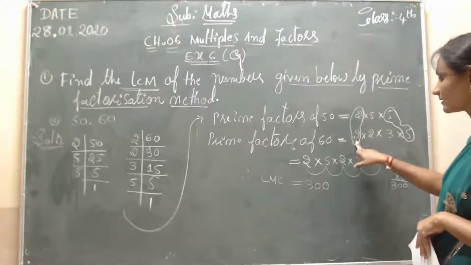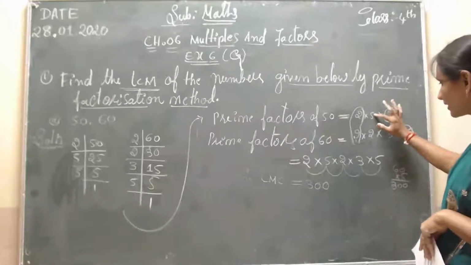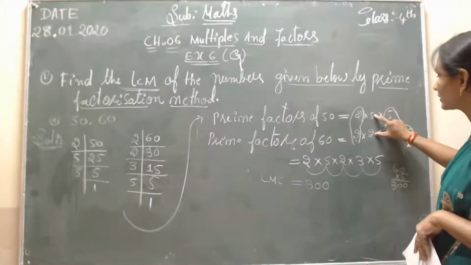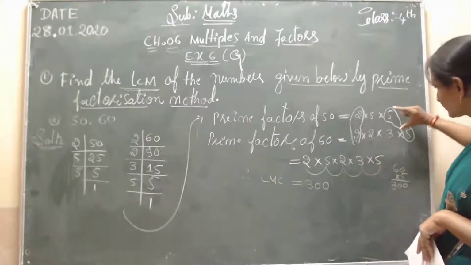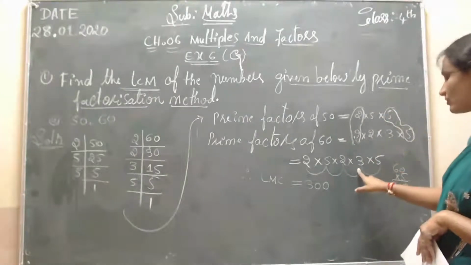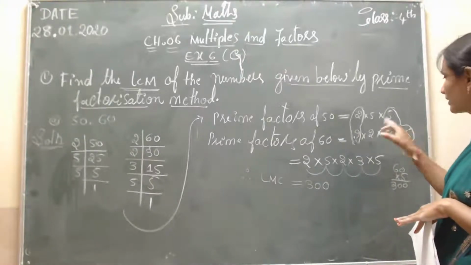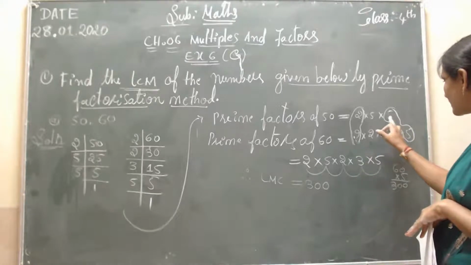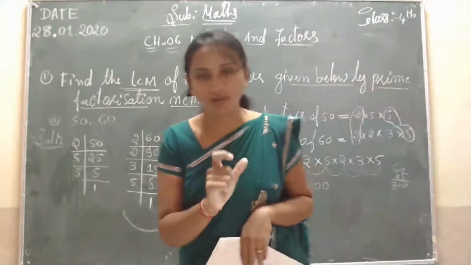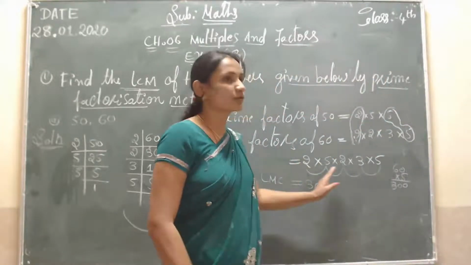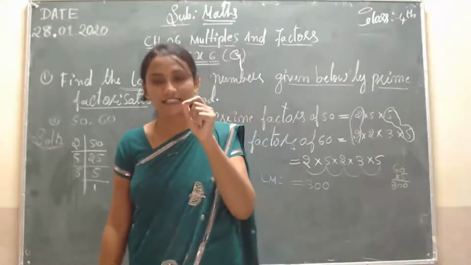Here 2 is common, but you consider only one 2. Next is 5 and 3, which are not common, so you write them. Next, see students, only the remaining 3 from the factors of 50, so you write 3. Lastly, these two numbers are common, but you consider only one. Afterwards you multiply these numbers. What is the value? This value is the LCM.